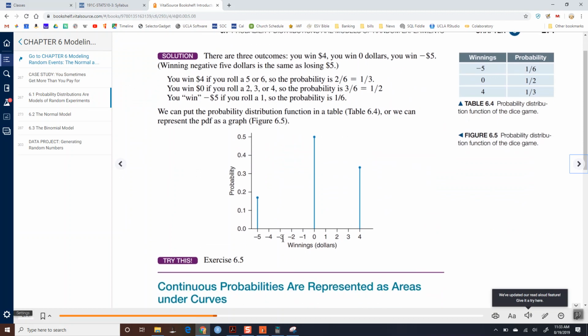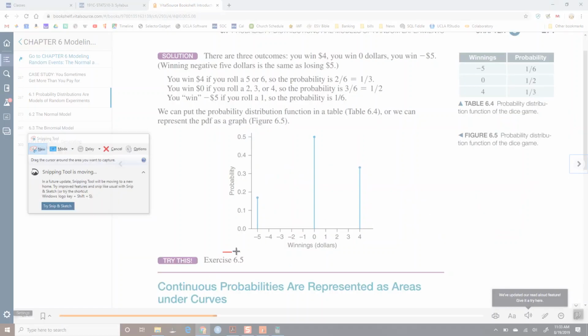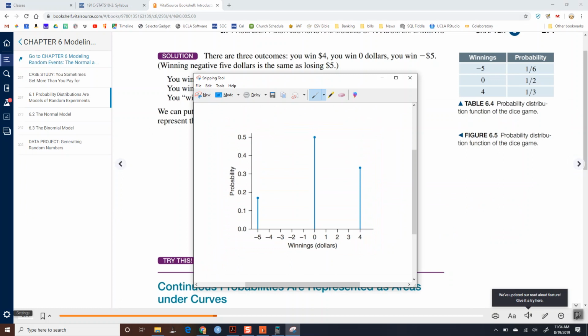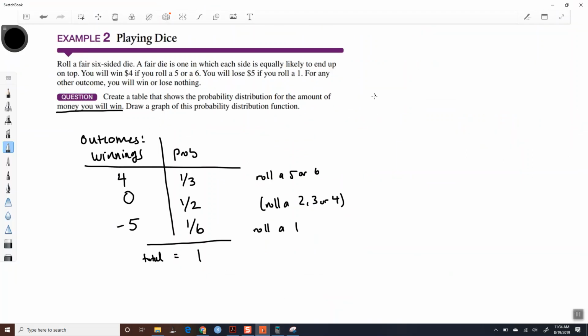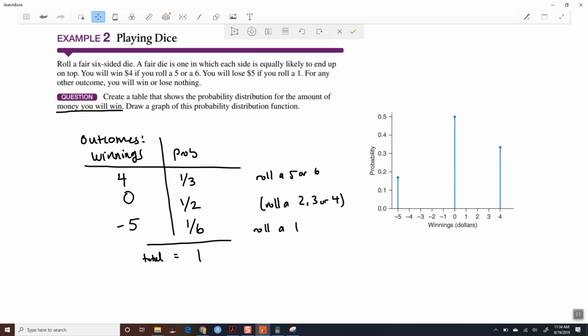And our graph, if we wanted to graph this, would look like this. At 0, we have a bar that goes up to 0.5.